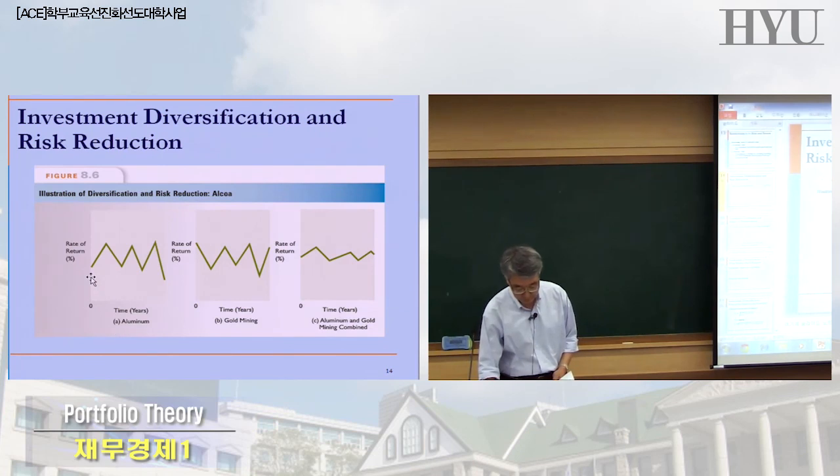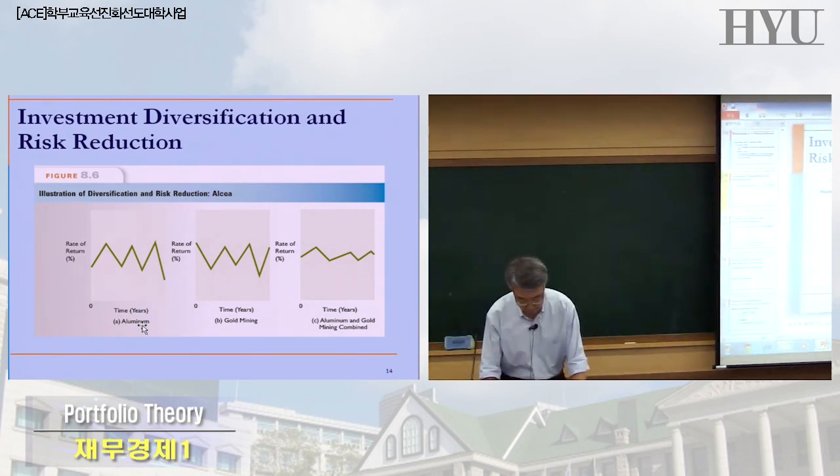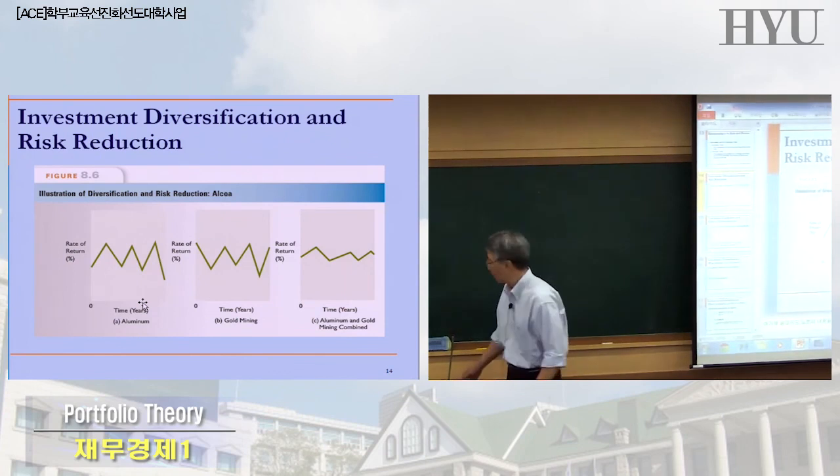this is the expected rate of return from an aluminum company. They use the example of Alcoa, Aluminum Company of America, but it can be any company, any item. Over time, you expect the return to go up and down and up and down, right?